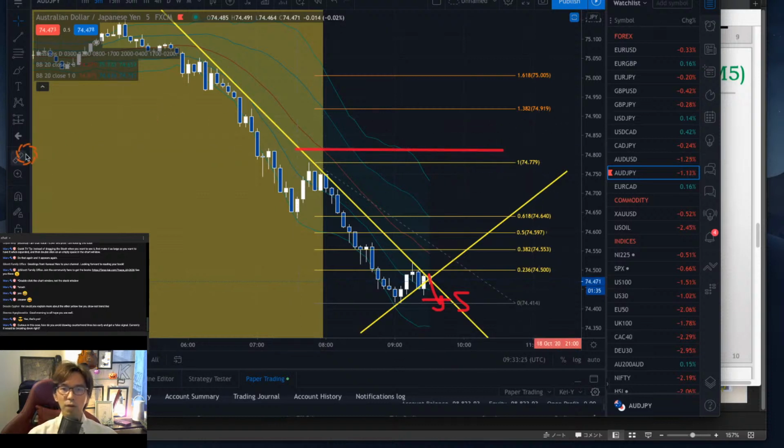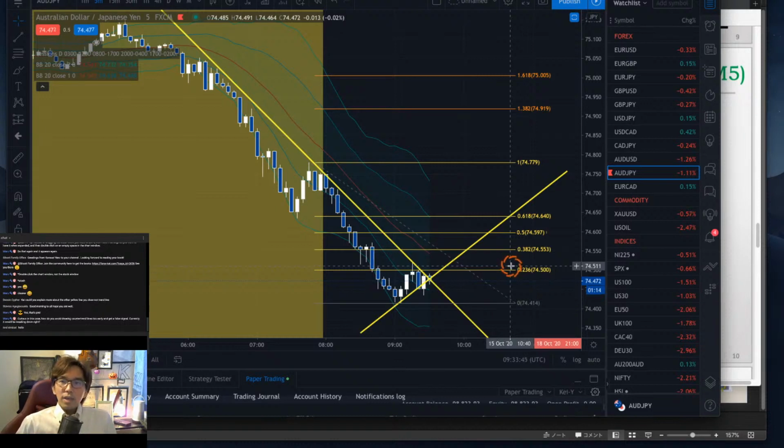In this case, I would have about 39, almost 40 pips of stop loss. And I keep trading as long as the price continues to go down. That's the current scenario in my head right now on this AUDJPY. We'll see if it happens along the way.